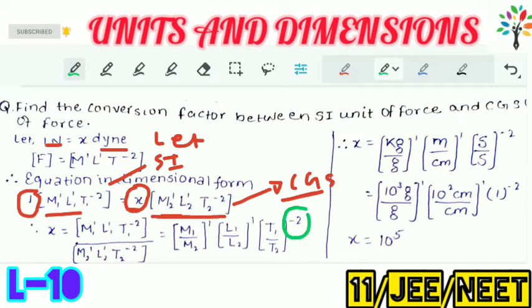Here see, let us suppose we have 5 raised to power 2 and 2 raised to power 2. So we may write it as 5 by 2 raised to whole power 2. So we have done here also T1 raised to power minus 2, T2 raised to power minus 2. So T1 by T2 raised to power minus 2.